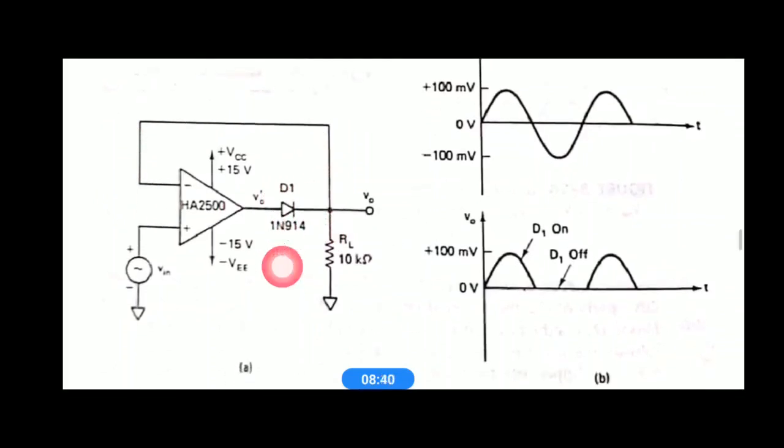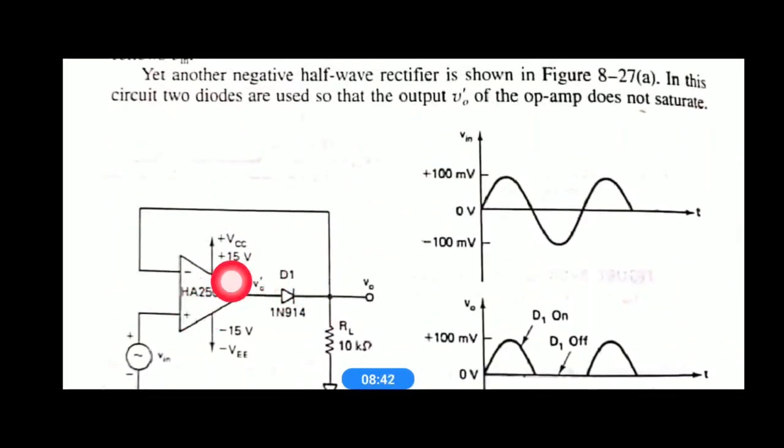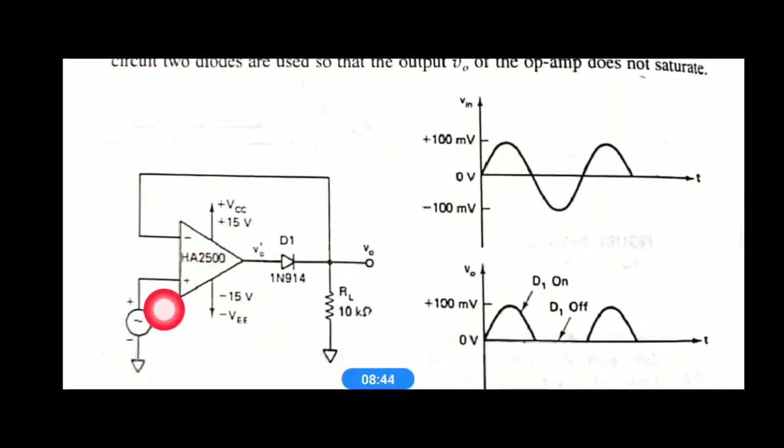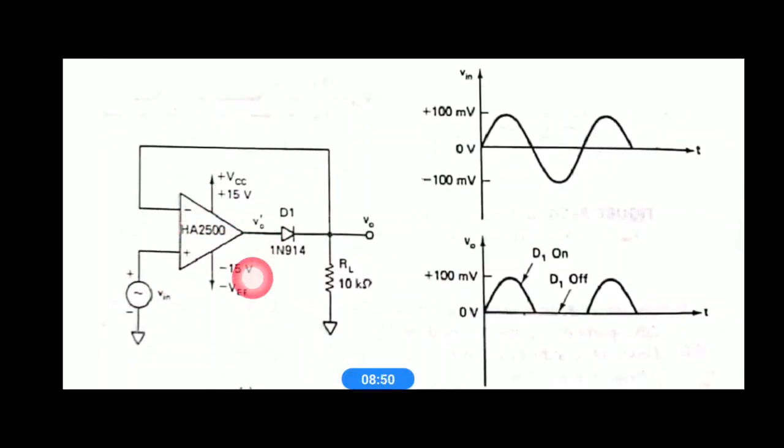Since it is an open loop circuit, for a 1 millivolt applied signal you will get an output according to the open loop gain, which is usually very high. Assume the open loop gain is 20,000. Usually it is 10,000, 20,000, up to 1 mega.